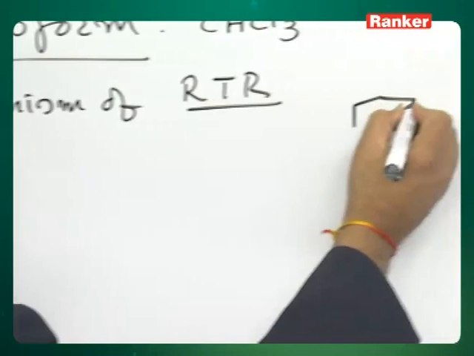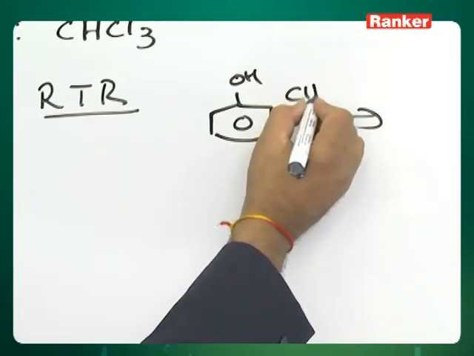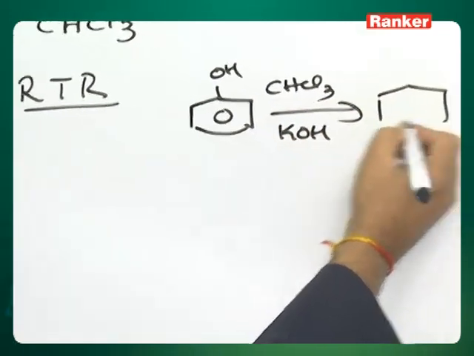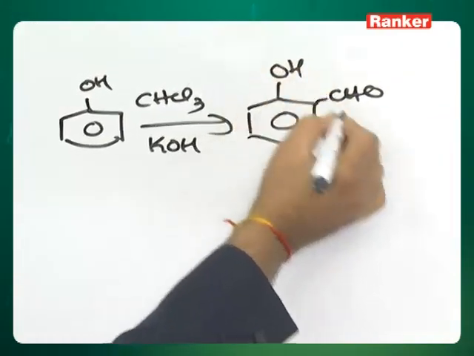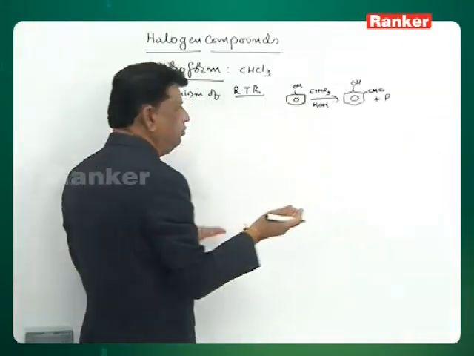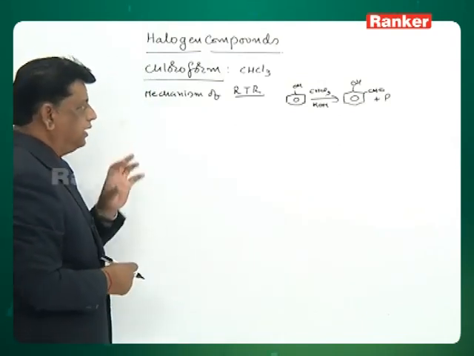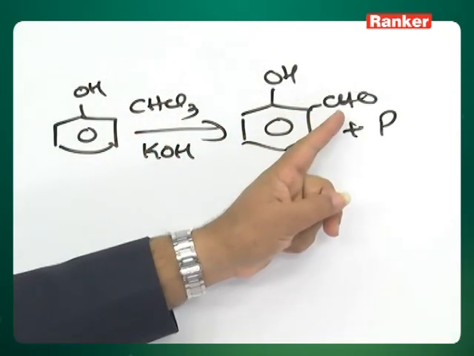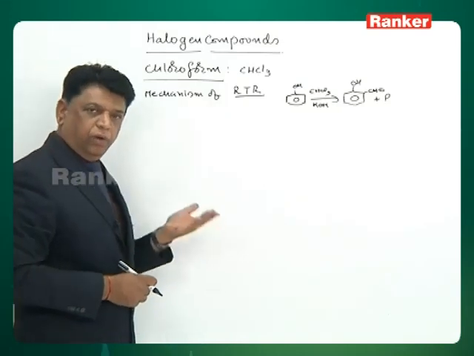The skeleton reaction, once again I will write: phenol when treated with chloroform CHCl3 and KOH gives an ortho isomer introducing CHO into the phenol, plus its para isomer also will be formed, a mixture. How this aldehyde group, the formyl group, comes in is called formylation, just like chlorine coming in is called chlorination.